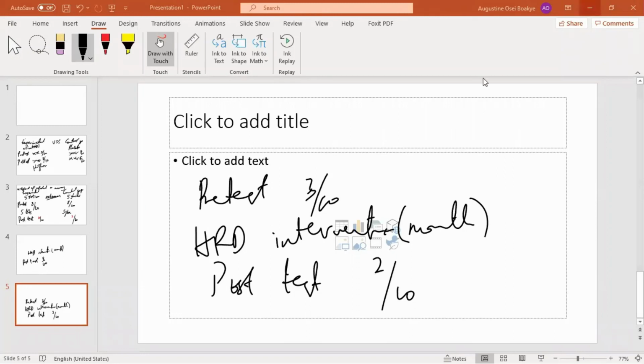Oh, okay, thank you. With the pre-test, post-test, in the instance we have on the screen now, with the post-test dropping down to 2/10, is there not the likelihood of other extraneous factors affecting that, not necessarily the HRD intervention making a negative transfer?